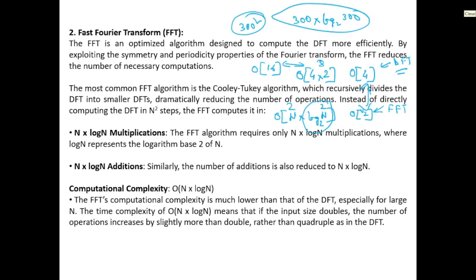Now why don't we go for the actual computational time? The actual computational time will depend on the processor. If you see some computation in your computer it may be slow, but in my computer, if I am having a bigger processor with very good RAM, it will be quite fast.